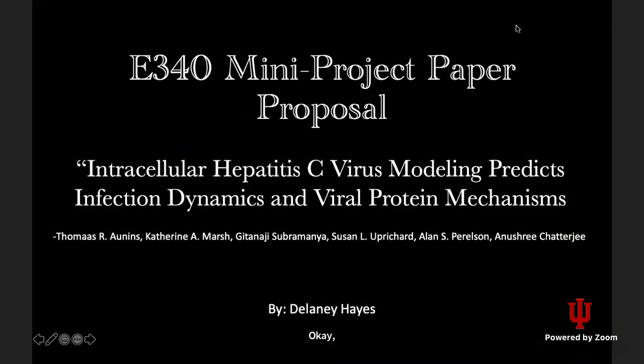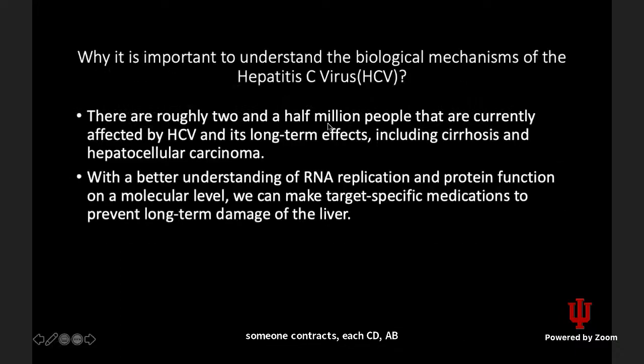So I chose the paper on intracellular hepatitis C modeling, and it's basically going much more into the protein functions and how the RNA replicates after someone contracts HCV. Why is it important?